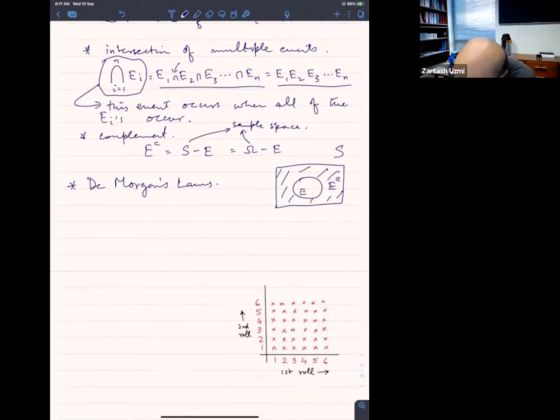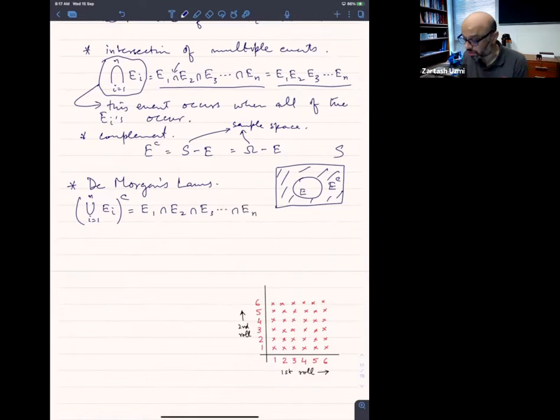And that is, if you have union of multiple events, Ei, so this is a set. If this is a set, I can take the complement of this set. De Morgan's law says, without proof, which you may have seen in your early classes, it's E1 complement intersection E2 complement intersection E3 complement dot dot dot intersection En complement.